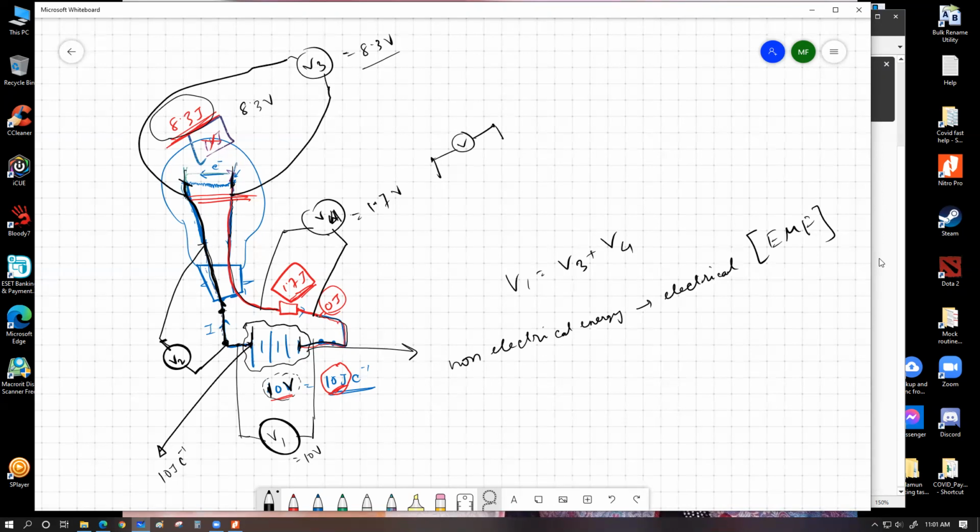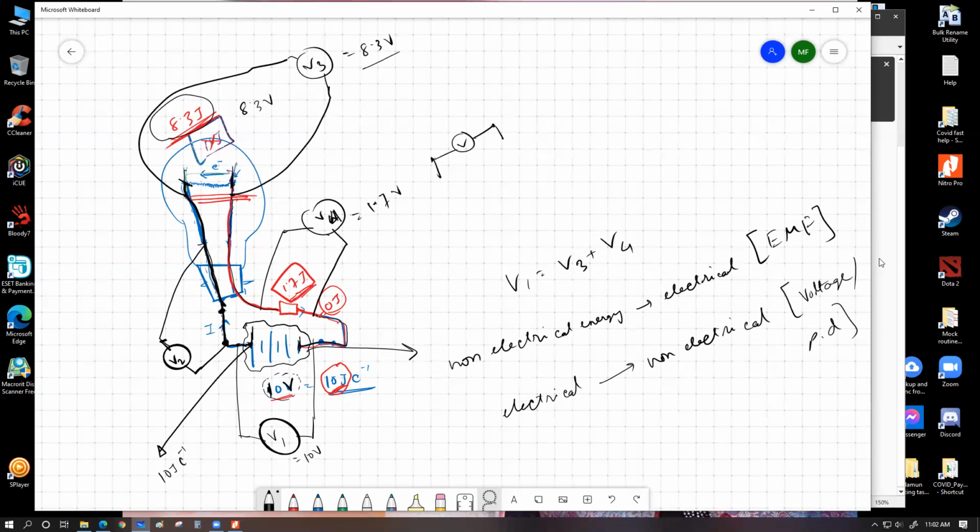So for those components which convert electrical into non-electrical energy, for those components we use the term voltage or potential difference, PD. By definition, they're the same thing.